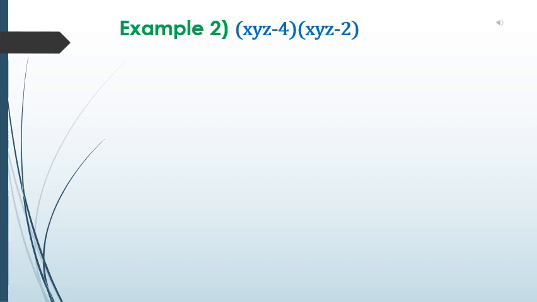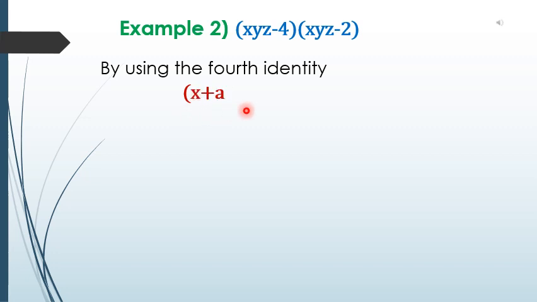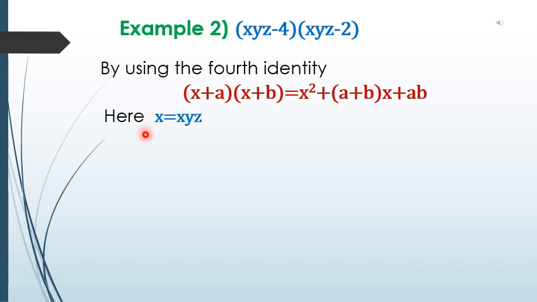Next example is xyz minus 4 into xyz minus 2. We will use the fourth identity. (x plus a) into (x plus b) is equal to x square plus (a plus b) into x plus ab. Here x is equal to xyz, a is equal to minus 4 and b is equal to minus 2.